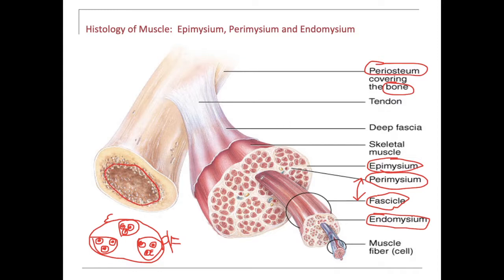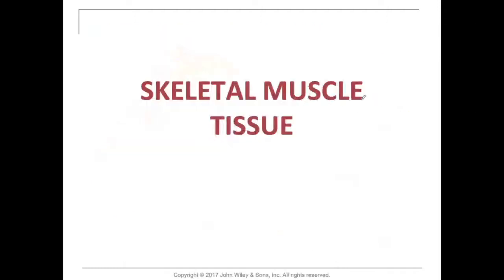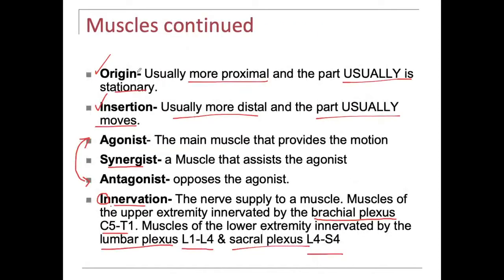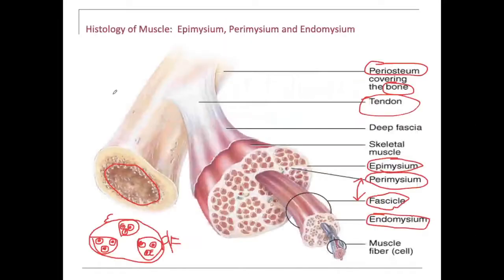All right, so how does muscle attach to bone? Well, it attaches to the periosteum of the bone by way of tendons. Now, one of those tendons is going to be an origin, and the other tendon could be an insertion, okay? Because muscles attach to bones by way of tendons.